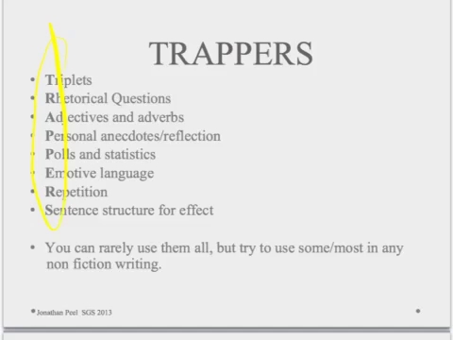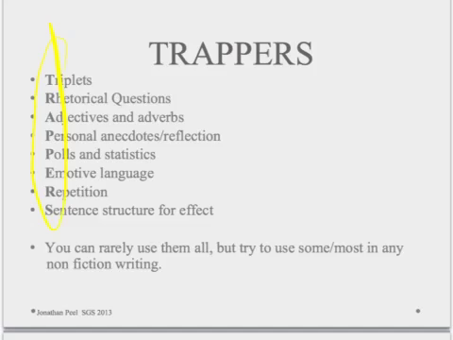and if you do, and particularly if you try and open a piece of writing with a good, strong trapper, be it a rhetorical question, be it a poll or a statistic, be it really emotive language in sentences that have been structured for effect.